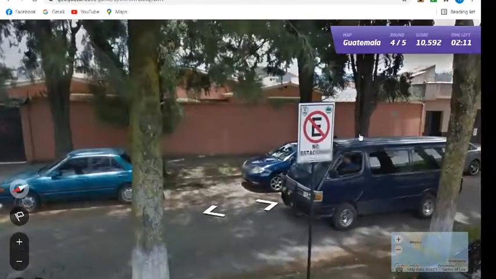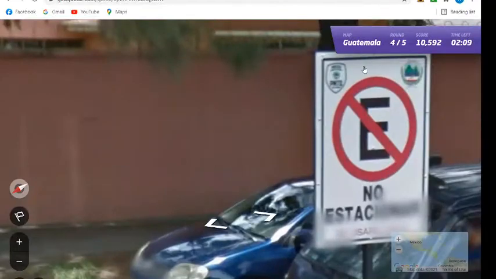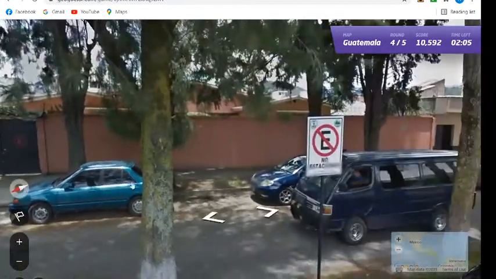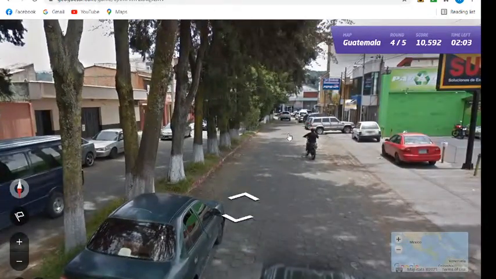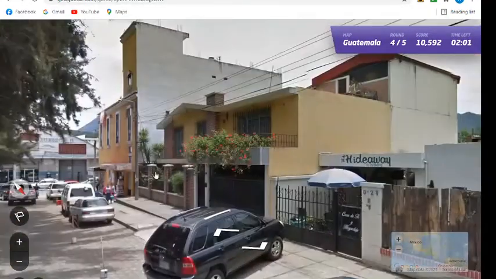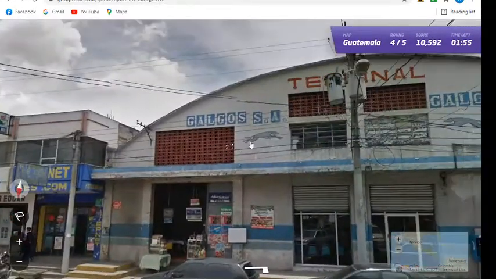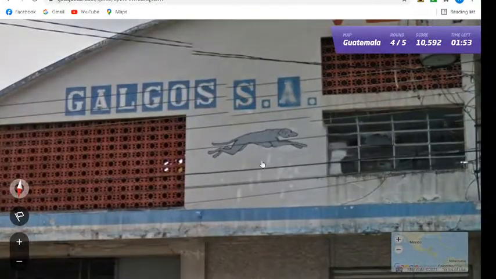Okay. Now down here I saw... okay, can't read that, but there's a municipality on the sign. It looks like a Greyhound bus logo, Congo SA.